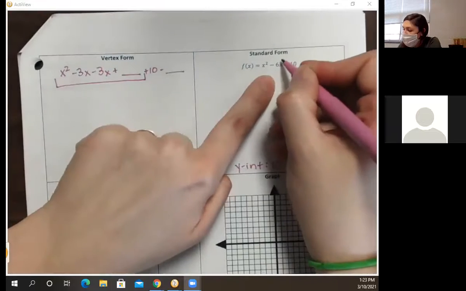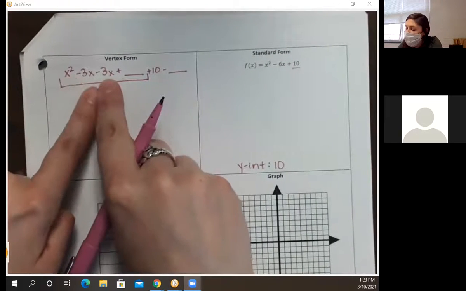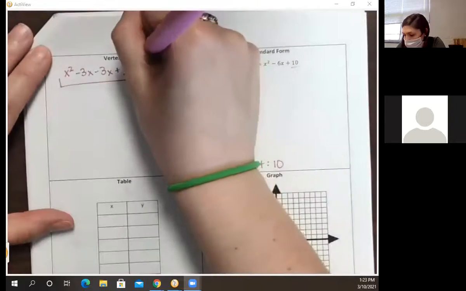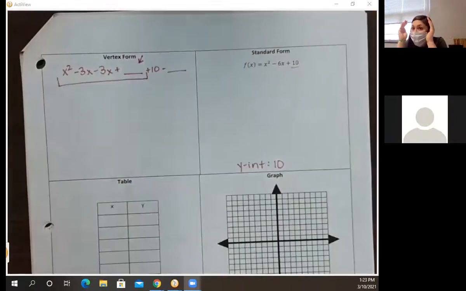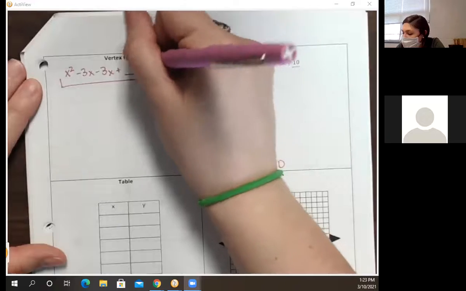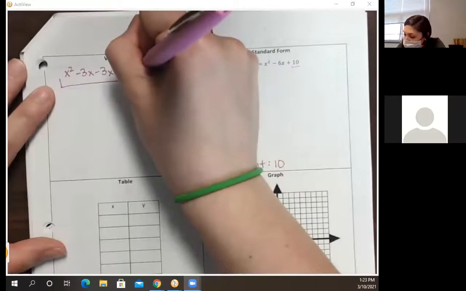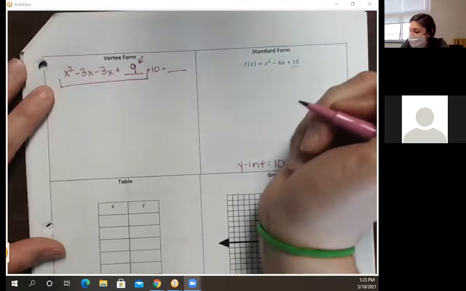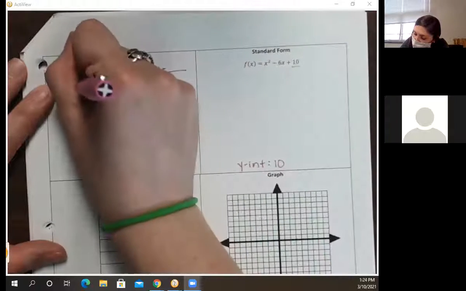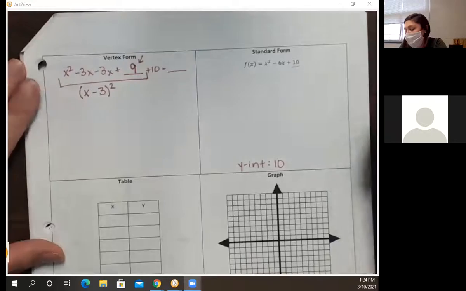I know that that minus 6x would have come from negative 3x and negative 3x being combined. Now I want to know, for my thing that I squared, when I did that number times itself, what was here? This would have to be 9, because negative 3 times negative 3 would give me 9. And this had to come from x minus 3 squared.